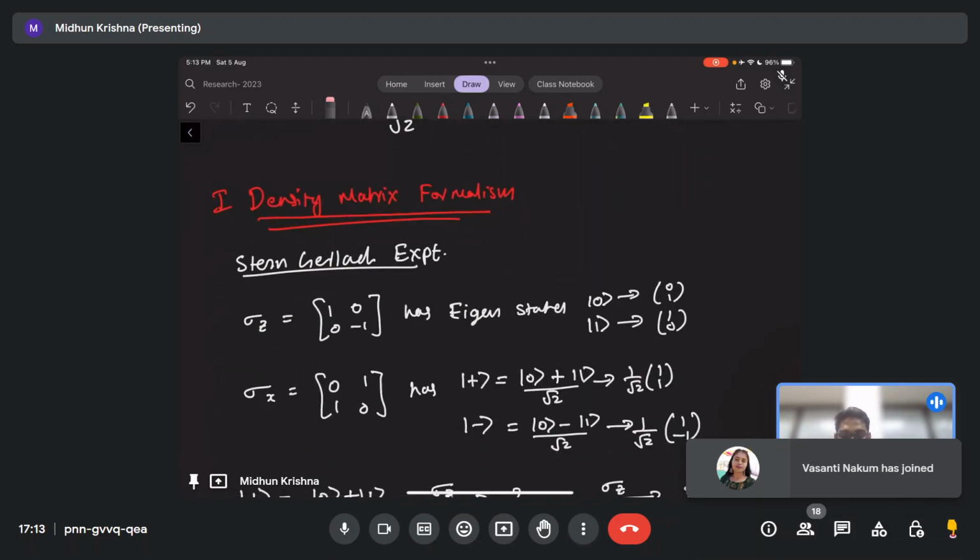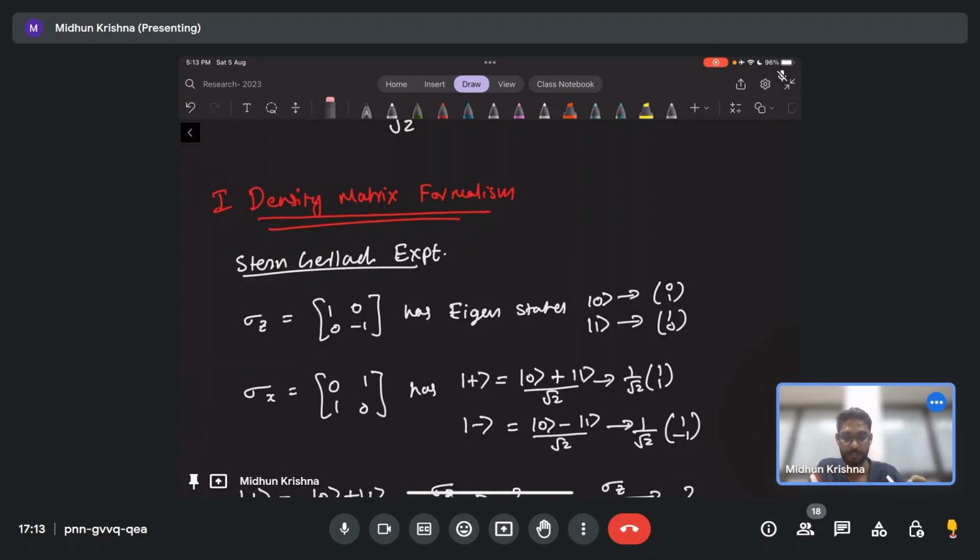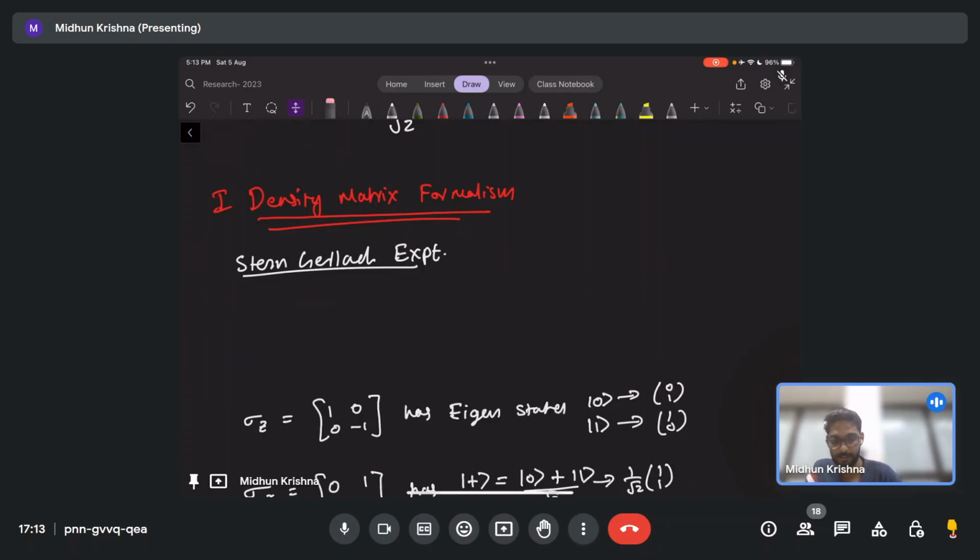I suppose that you're all familiar with the idea of the Stern-Gerlach experiment. The big idea is that there's an oven in which I've heated up silver atoms. There are several silver atoms there, at a very high temperature.